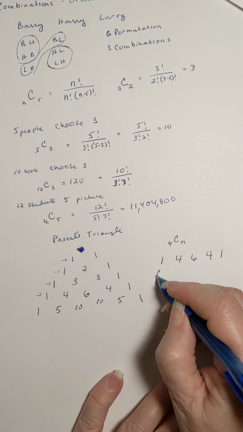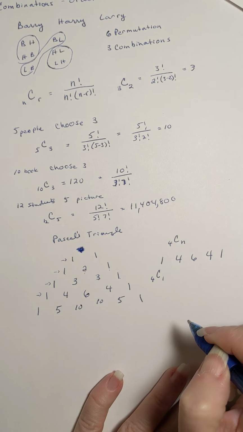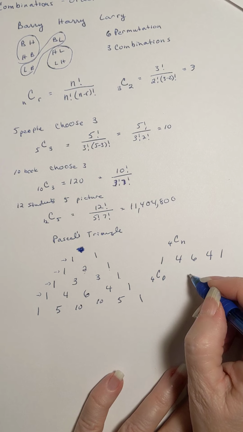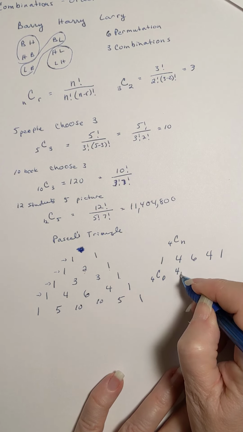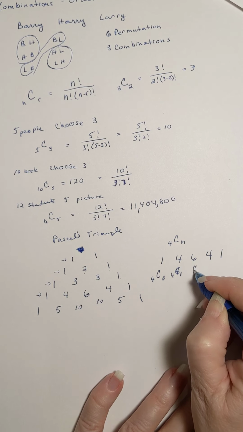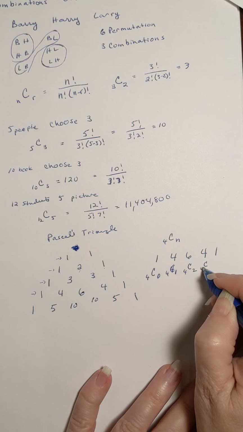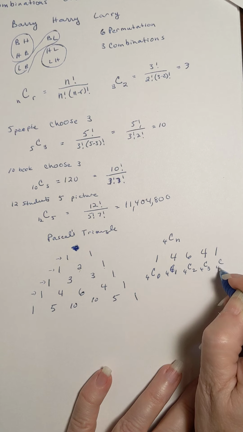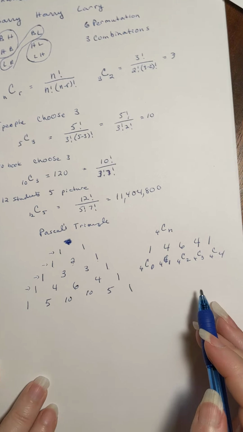So this is the combinations of 4, choose 0. Then this would be the combinations of 4, choose 1. And this would be combinations of 4, choose 2. Combinations of 4, choose 3. And combinations of 4, choose 4. All right, so that's how that works.